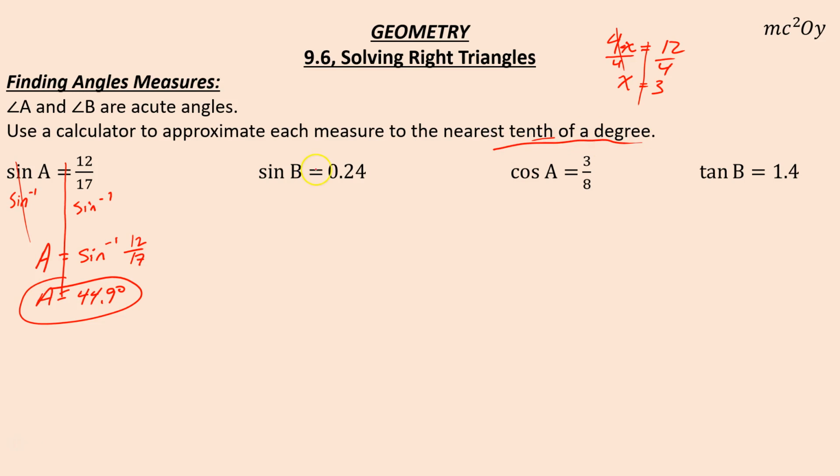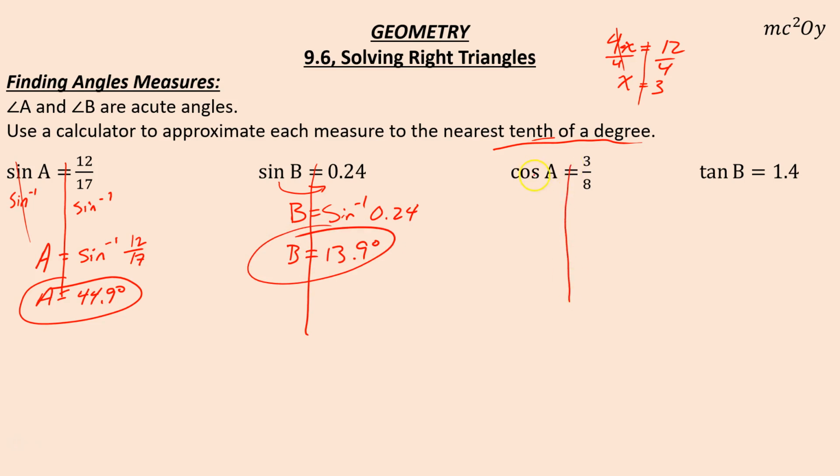Okay, so hopefully you'll try this one on your own, but if I want to get B by itself, I've got to take the inverse sine of 0.24. So we move sine over and it becomes inverse sine. So I now have B equals the inverse sine of 0.24, which is 13.9 degrees. Same thing with cosine. If I want to move it over, I've got to take the inverse cosine.